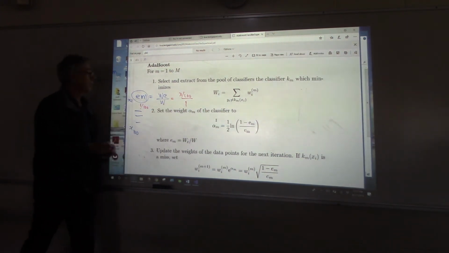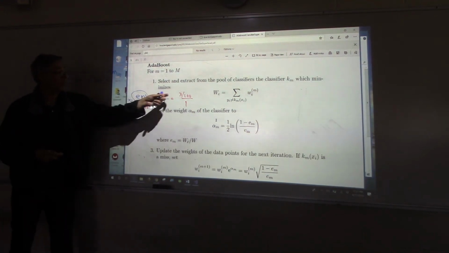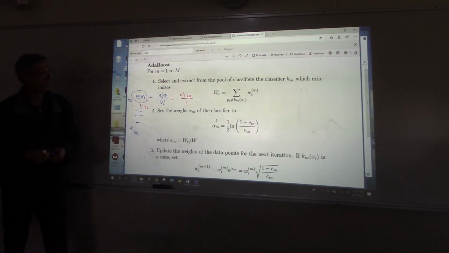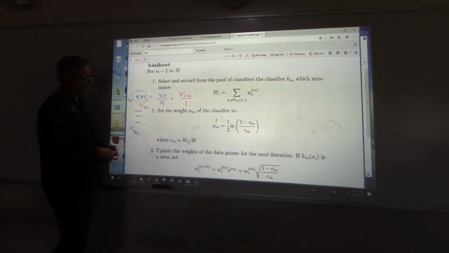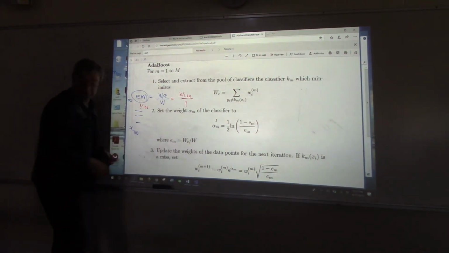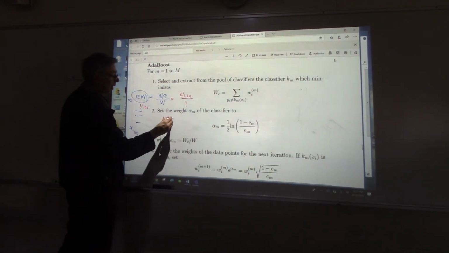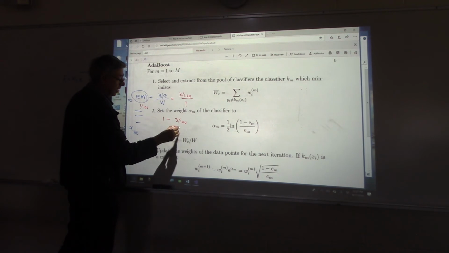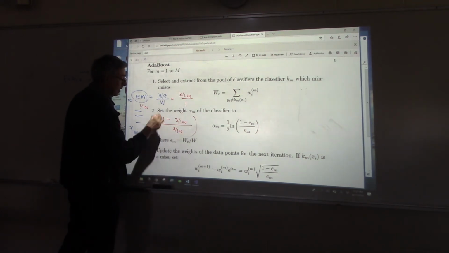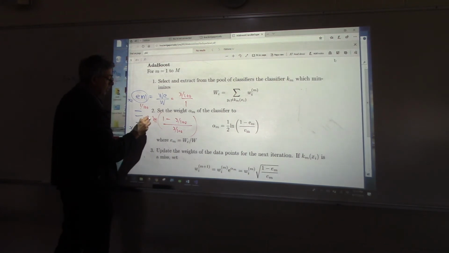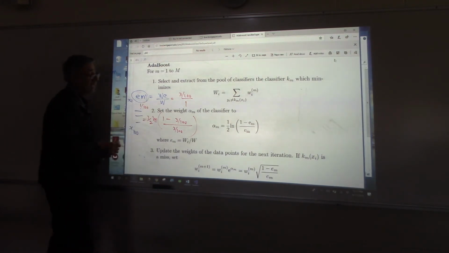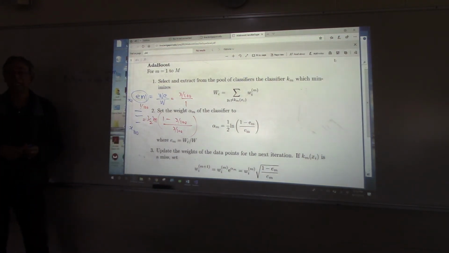So EM will be 3 over 100. Then what will be the alpha for that classifier? It's 1 minus 3 over 100, that is 97, over 3 over 100, take the log, and take the half. That will be the alpha for that classifier.